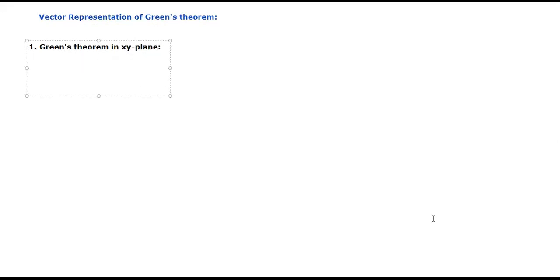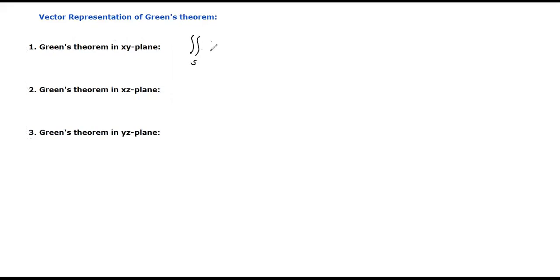Second version is Green's theorem in the xz plane. Third one is Green's theorem in the yz plane. So how do I write Green's theorem in the xy plane in vector form?